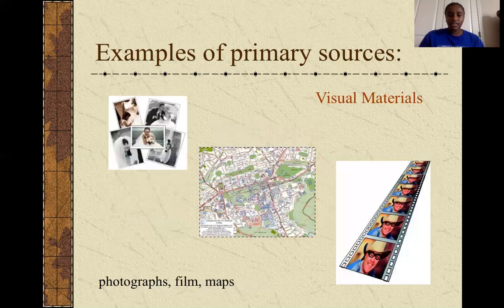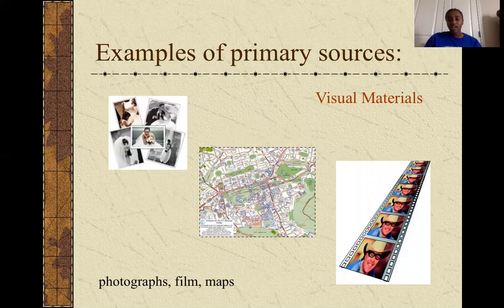Photographs, like I said, film, maps. Maps are a really good primary source because they tell you where to go, like north, south, east, and west, the cardinal directions. Again, these are all visual materials that are good primary sources.